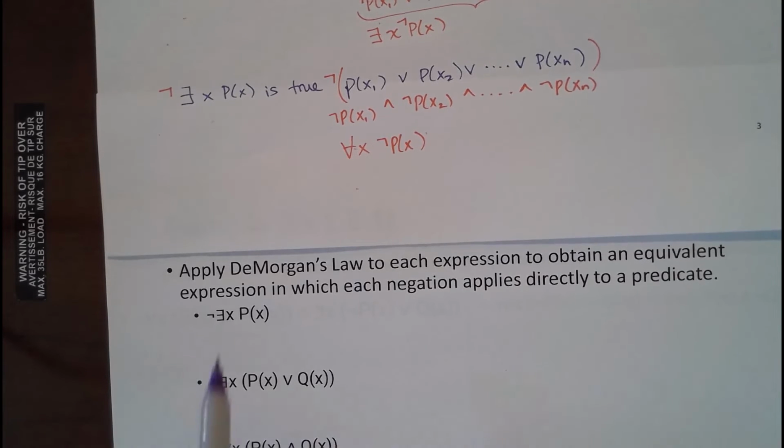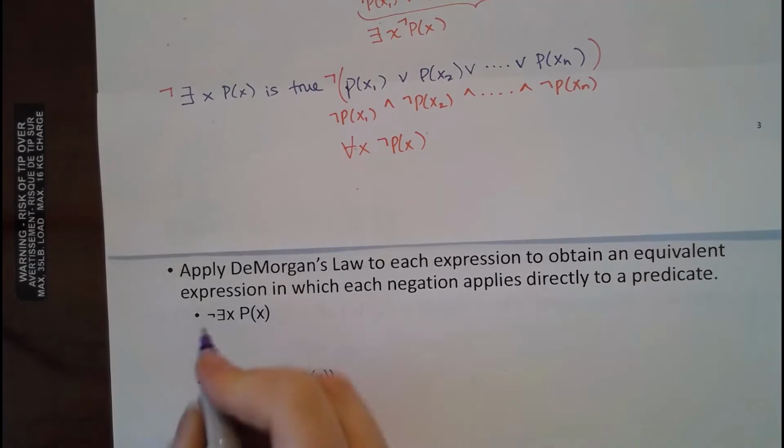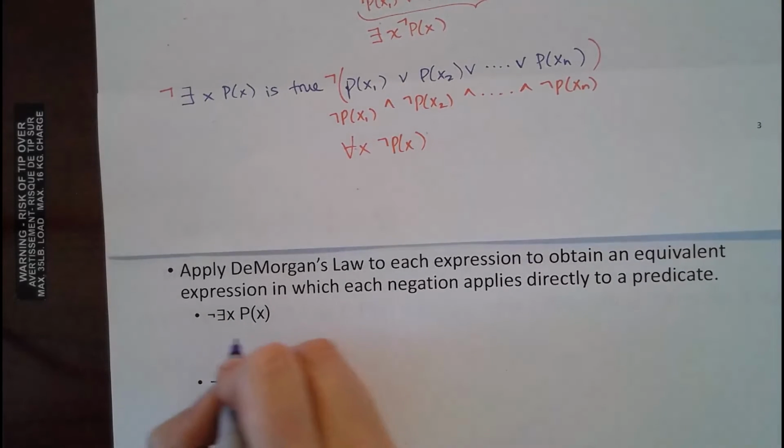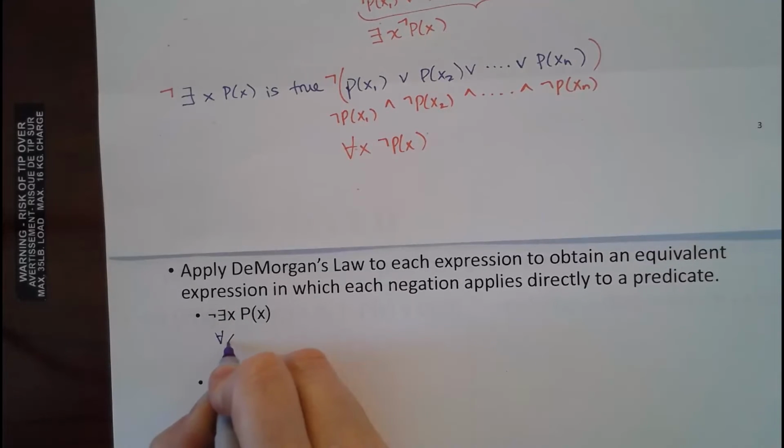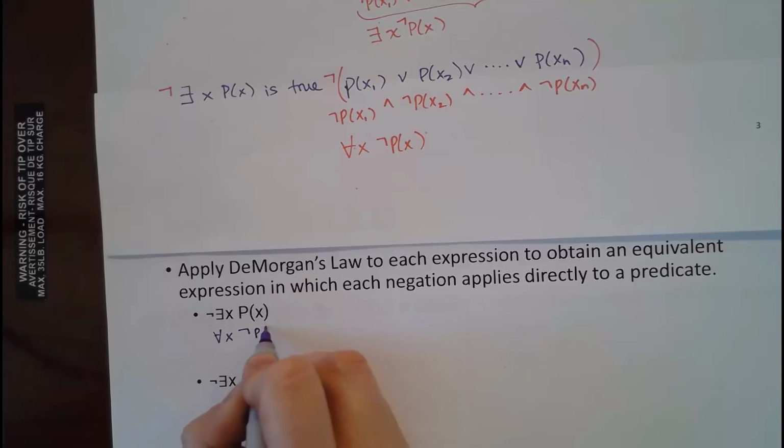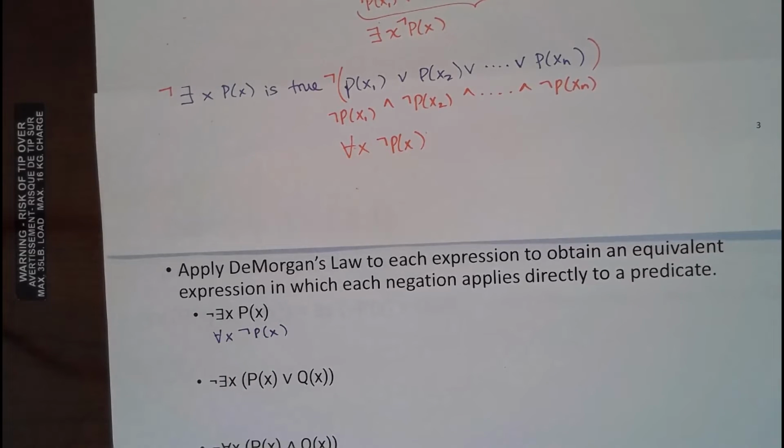Okay, so if we're going to take this and move it over in front of the predicate, when I move it past the existential quantifier, what happens? It turns into a universal, right? So when it goes over there, this is going to turn into a universal, and then the negation is going to come in front of there.